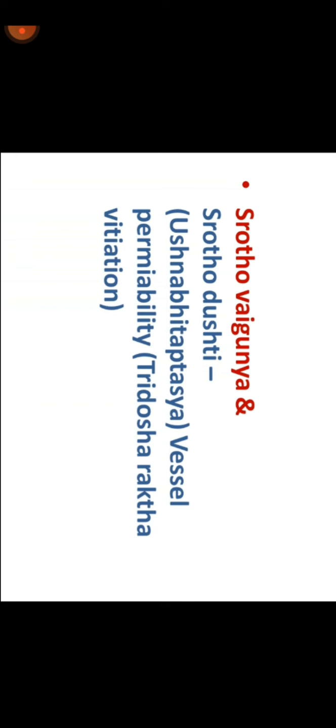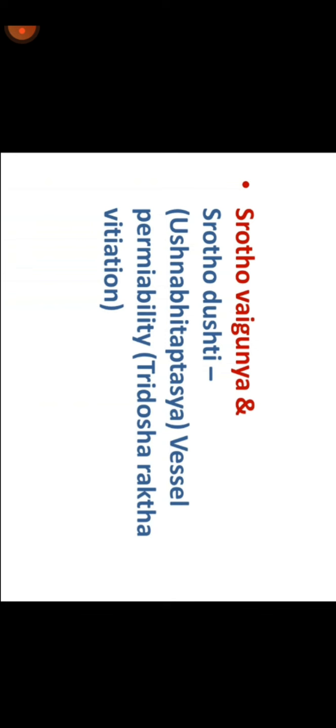And the next is the Srodo Dushti. Srodo Dushti mainly happens by the Netra Roga Nidana. Most of the Acharyas have clearly mentioned Ushnabhitaptasya Jala Pravesha. That is a particular feature of Netra Roga Nidana, explained as a common etiological factor, as well as the specific Nidana of Ushna Vidagdha Drishti. A similar Nidana we can find in Paitika Trishna.